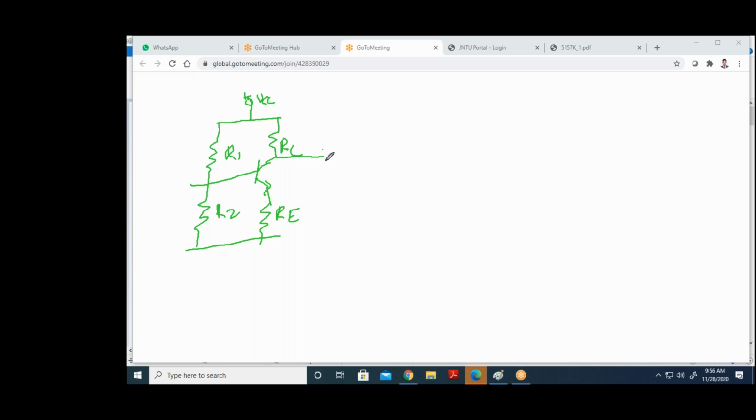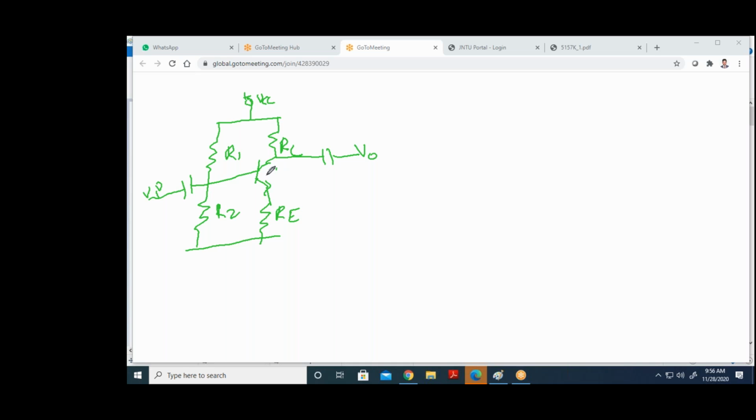Here output coupling capacitor, here input coupling capacitor. Input voltage, output voltage. So this circuit first, without any input signal, we have to find stability.